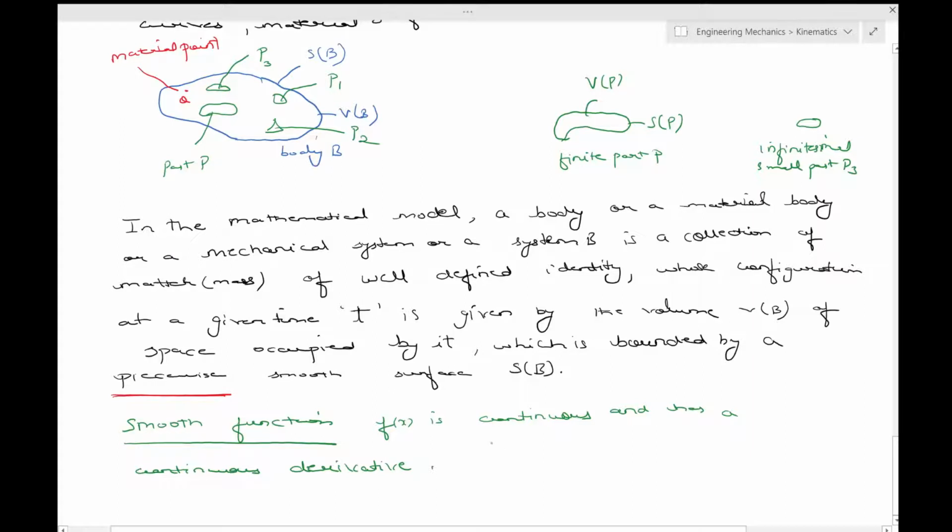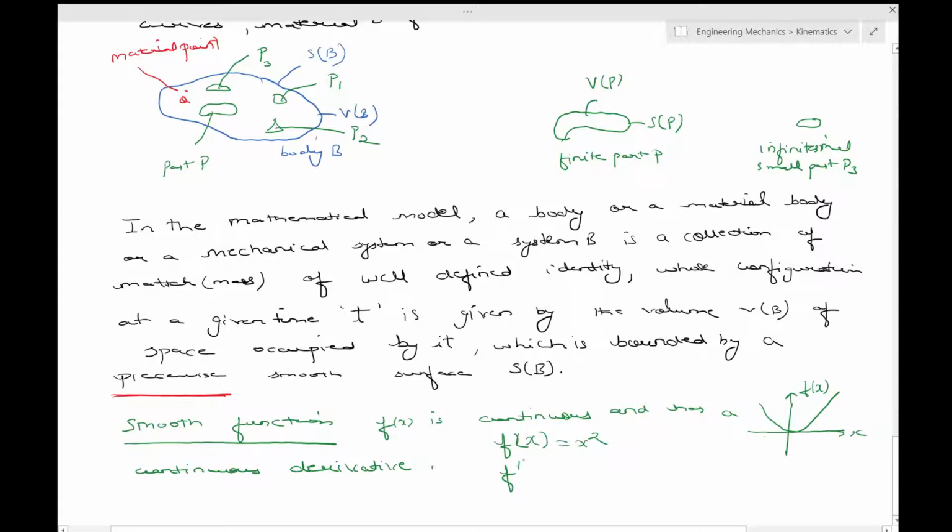So if you take up a function, say f of x is equal to x square, this is how it looks like. Okay, you know that. And so f(x) is continuous. Yes, clearly f(x) is continuous everywhere, and it has a continuous derivative.